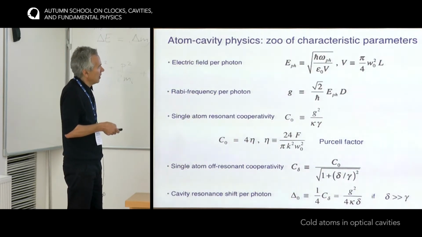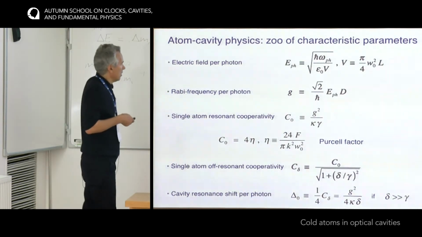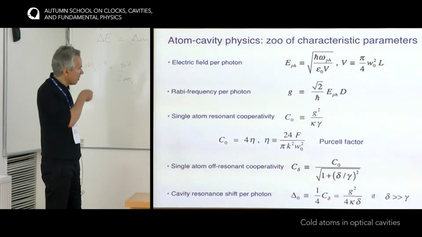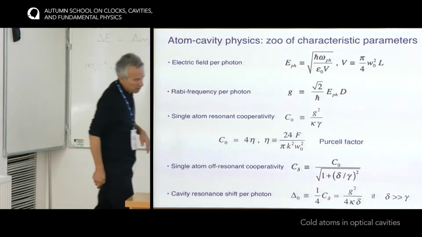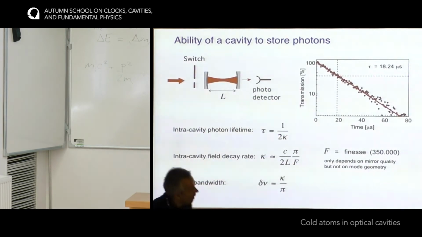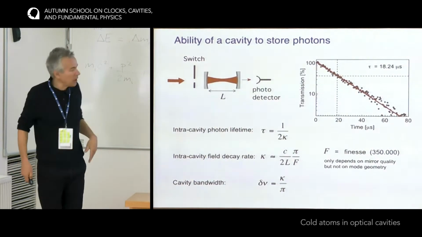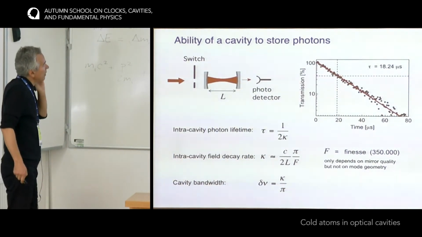So this is a typical light shift expression. This is the shift that corresponds to a single photon. That is what I mean by these quantities and how they come into play if you work with cavities.